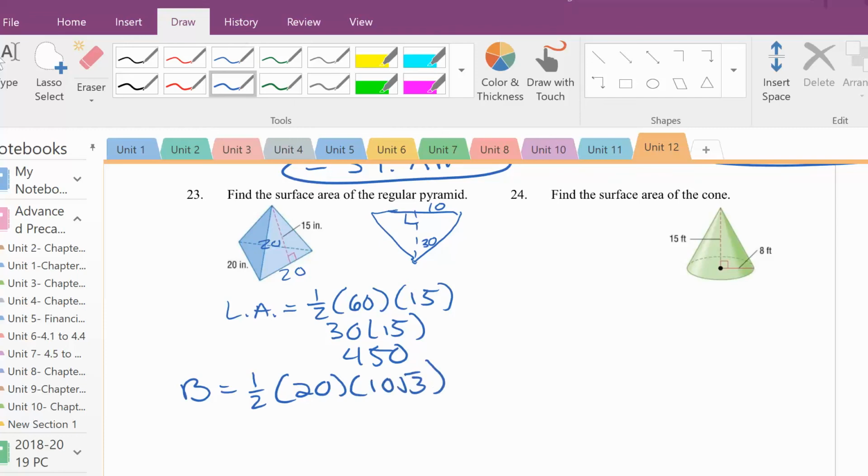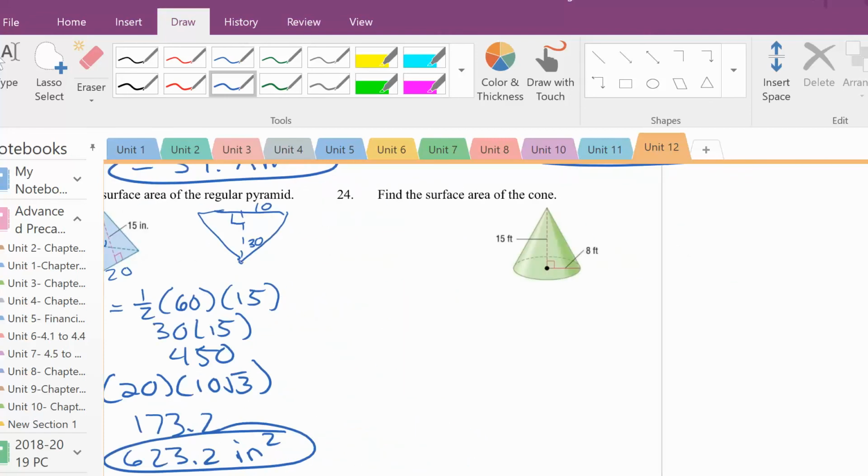So it's going to be 10 times 10 rad 3, which is 173.2 plus 450 gives you 623.2 square inches.